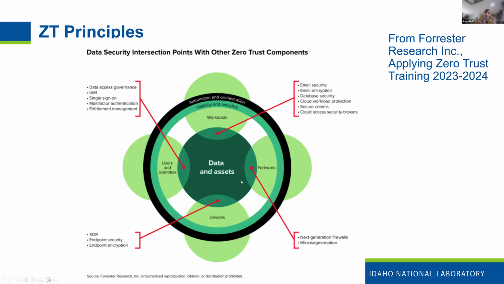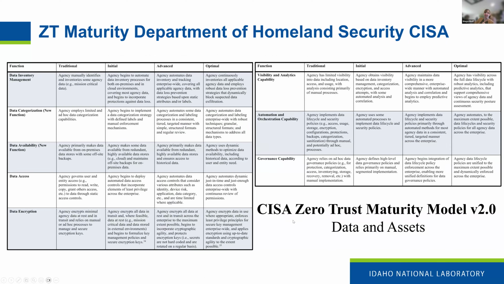So speaking of CyTE, we do still care a lot about what they say. They're kind of leading the charge in a lot of ways here. So the maturity model that we focus most on is the subsection of data and assets. We just put this here on the slides for reference. Essentially how it works is you have the traditional means. A lot of people will focus solely on encryption or authorization.